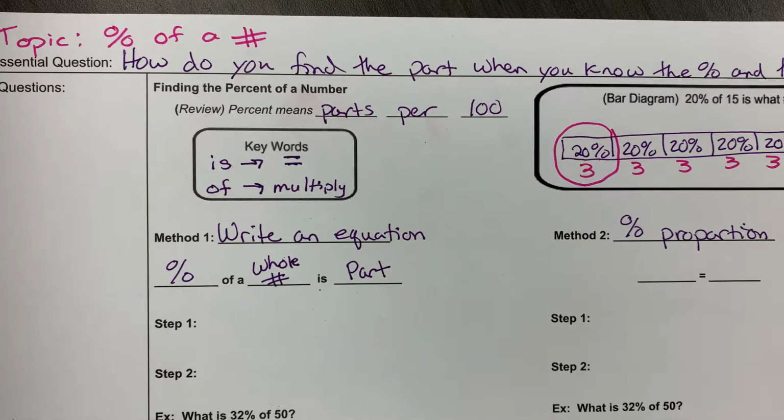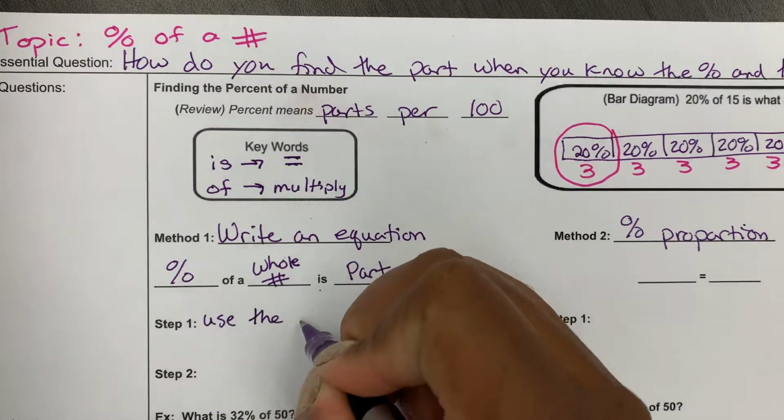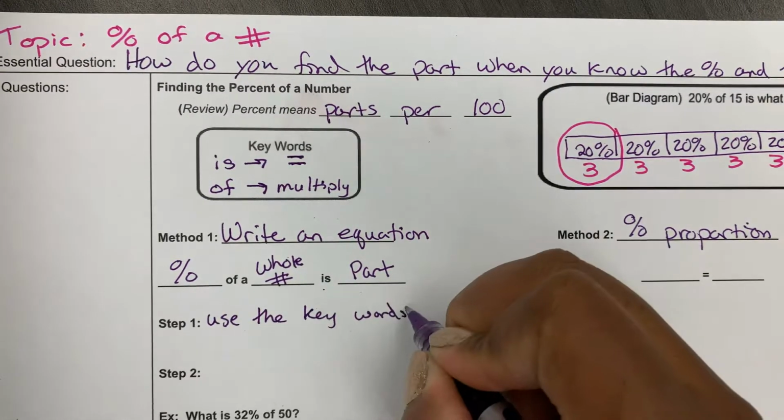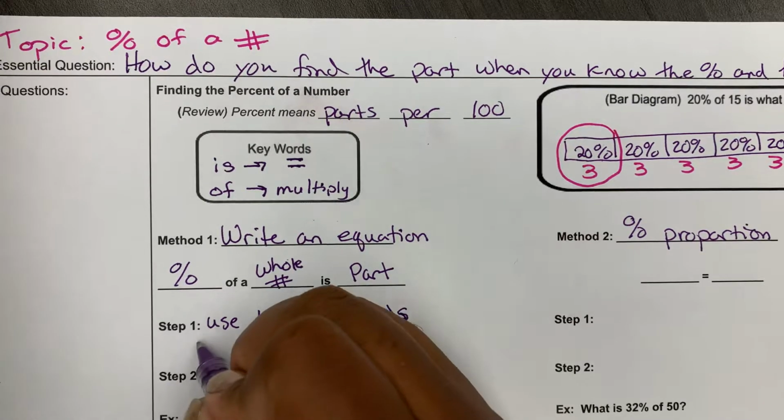So from here, our step 1 to solve it, because I like my special steps, is to use the keywords. So we're going to use our keywords to write the equation.